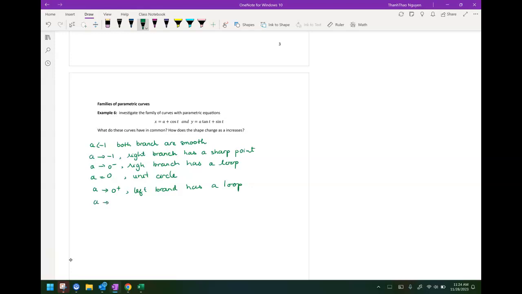As a approaches 1, the left branch has a sharp point. And at a greater than 1, both branches are smooth.